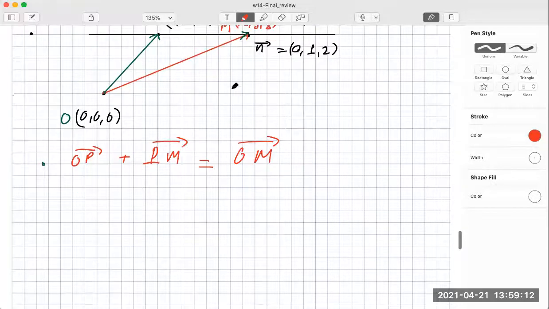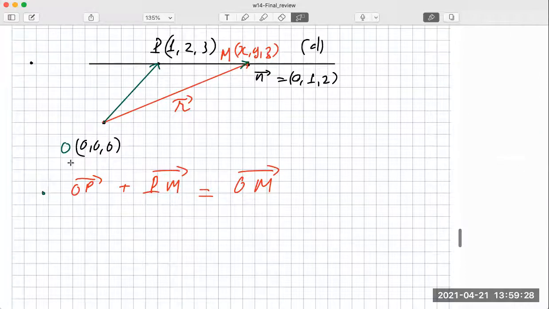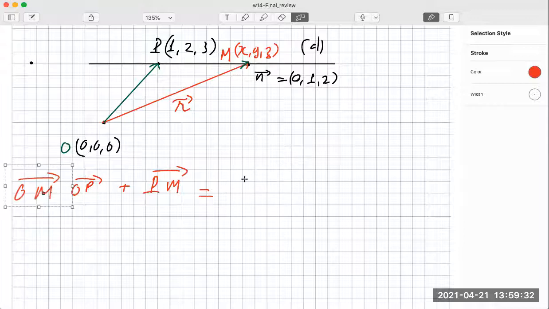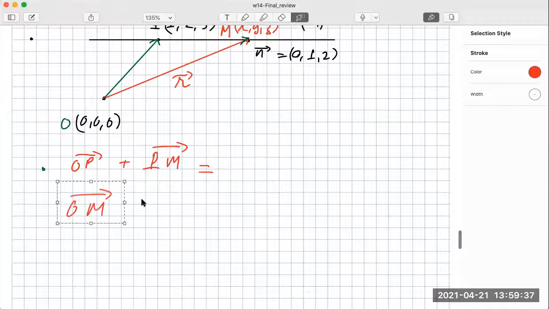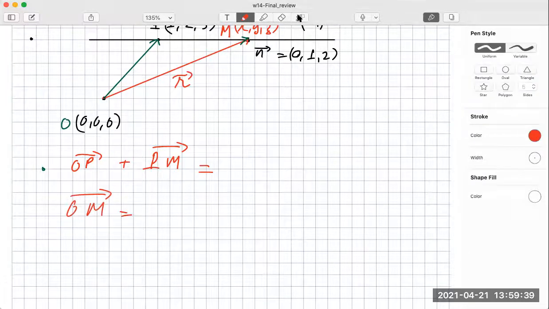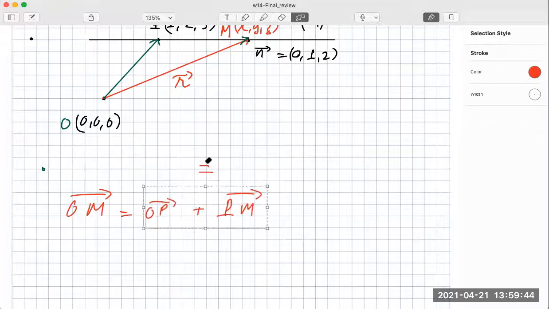And now if we call this guy the vector R here, I used a wrong notation, right? Or if we write the other way around, we can definitely write it this way.